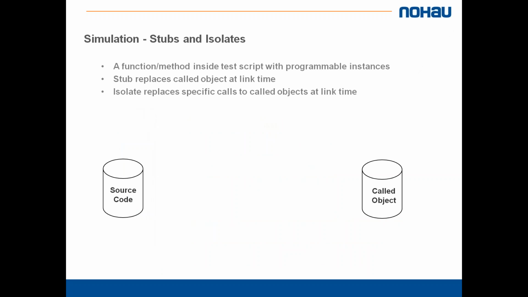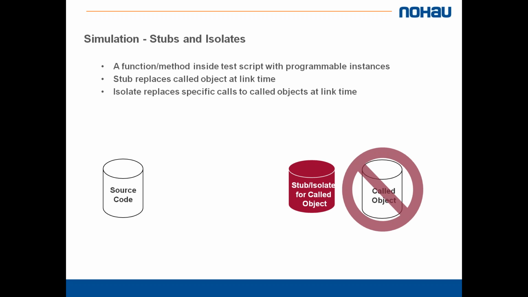So, good. I would think possibly stubs are known to most of you. It's a simple way of isolating the unit you have under test, which is the source code in this picture. If that source code is calling another object, we replace that object with a stub.